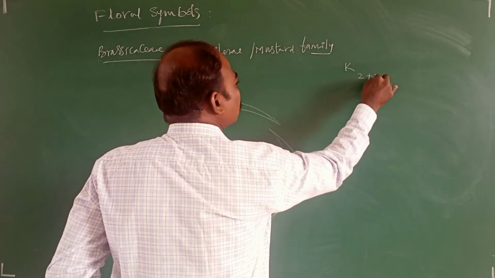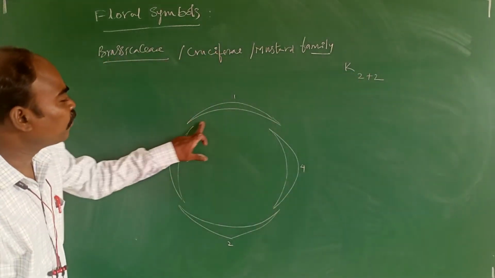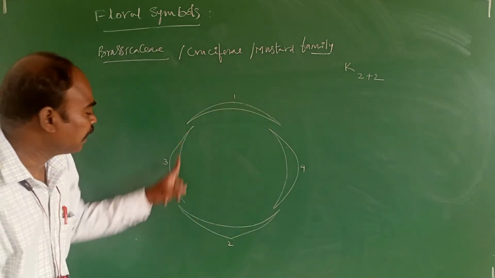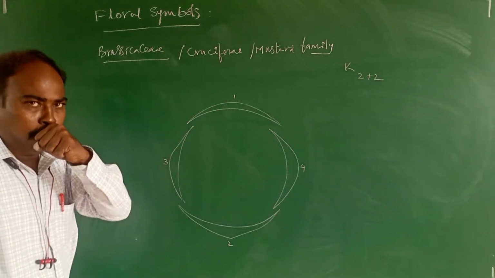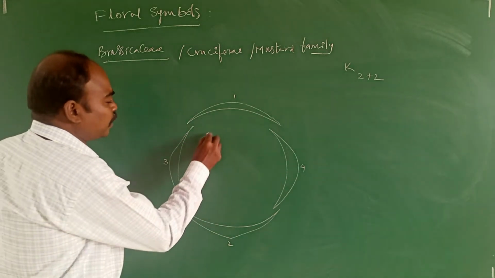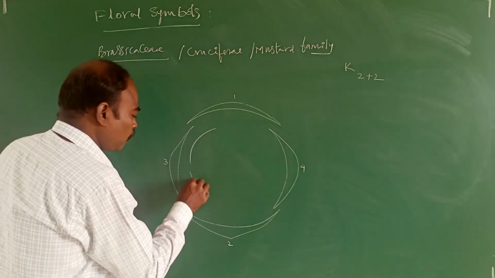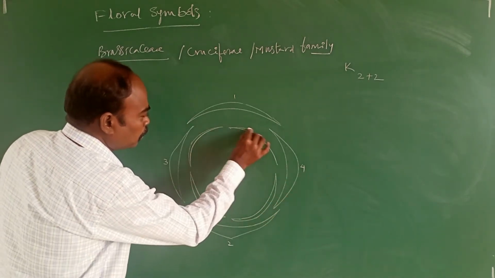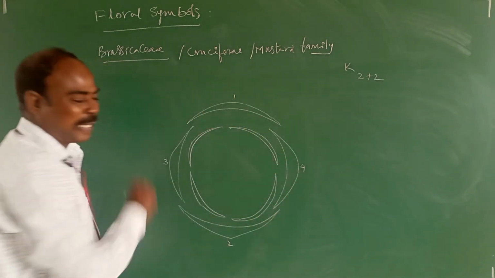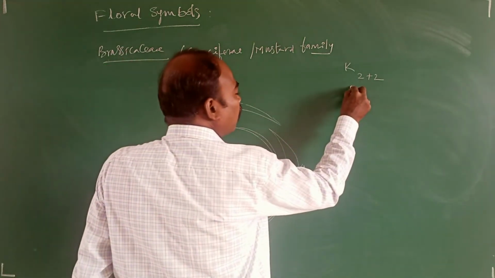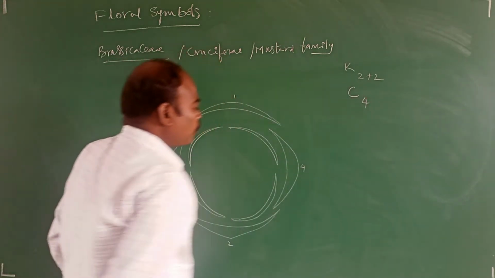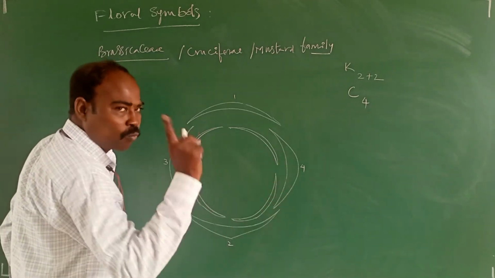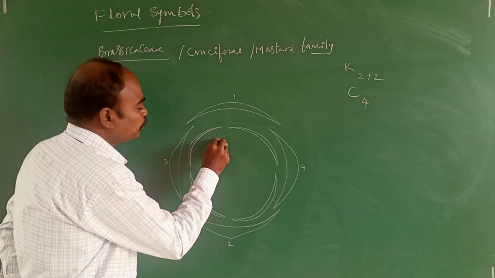K, 2 plus 2, which are free, but outer has 2, inner has 2. Next. This is the petals. C4, without fusion, arranged in one whorl.